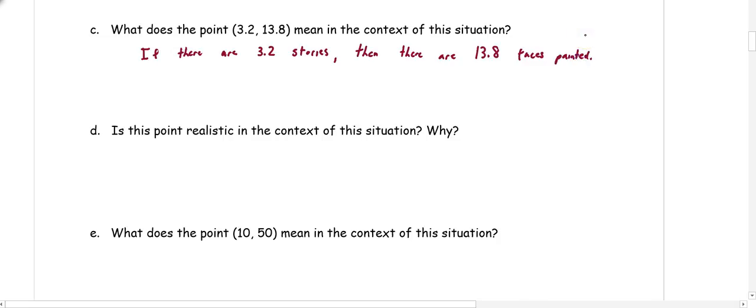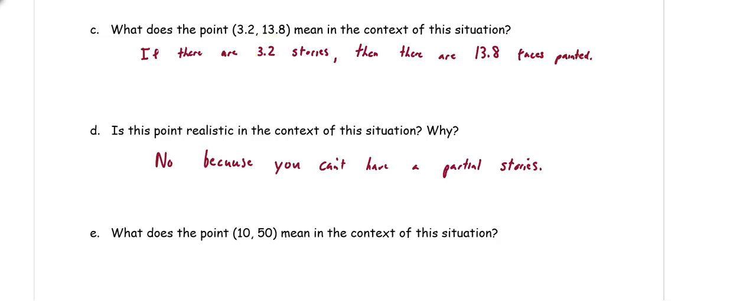Now, is this point realistic? No, because we can't have a partial story. We're using blocks that he's building with. So is this a realistic point? No, because you can't have a partial story. And the reason that would be a partial story is because of that point 2.